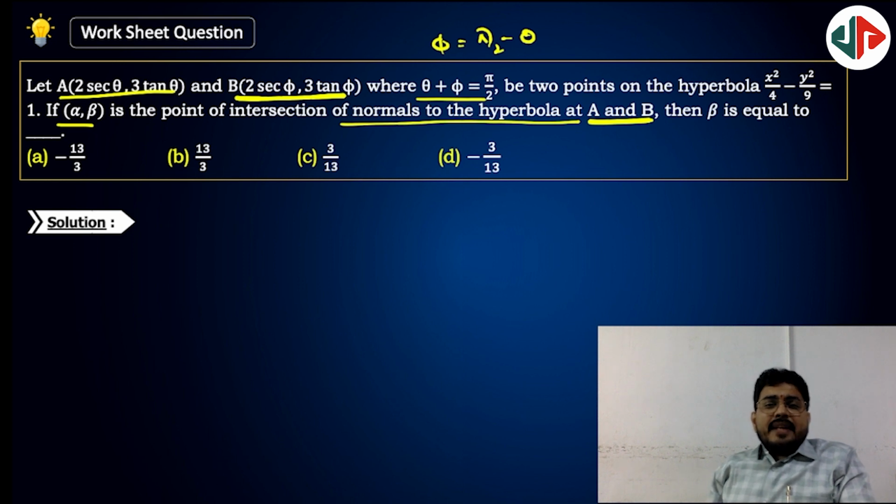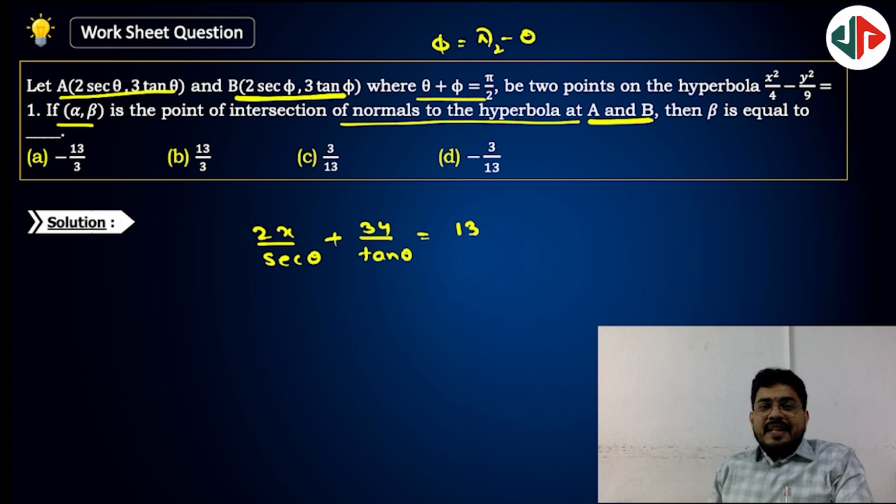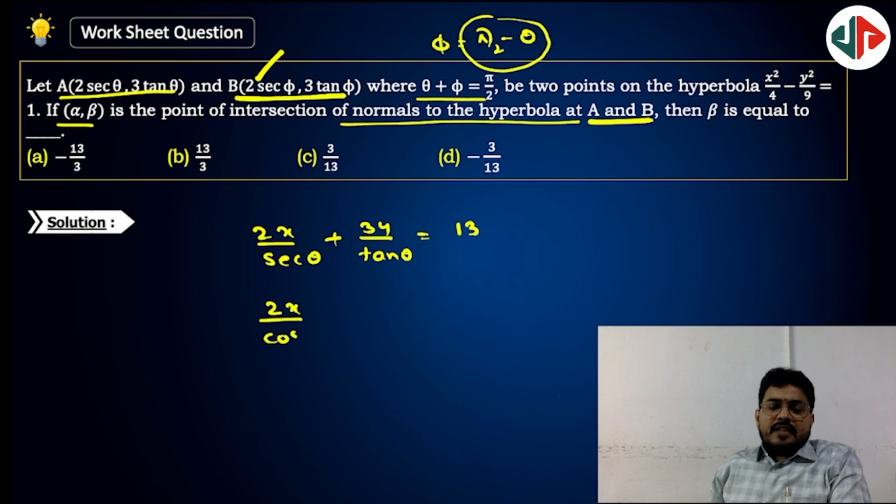So the normal at this point is ax by secant theta plus by by tan theta is equal to a square plus b square. At this point, let us take it as 2x cosecant theta plus 3y by cot theta is equal to 13.